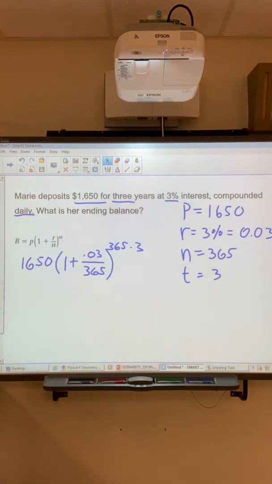Now I'm going to plug that into my calculator, and I'm going to enter 1650 parentheses 1 plus 0.03 divided by 365, close my parentheses, and then however your calculator does the exponent, it's going to be raised to the exponent of 365 times 3.